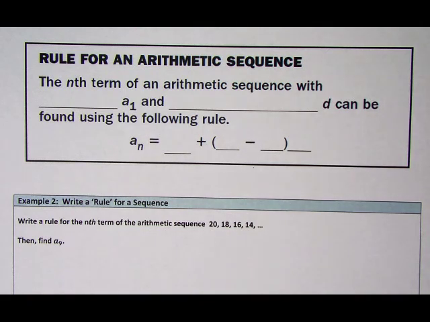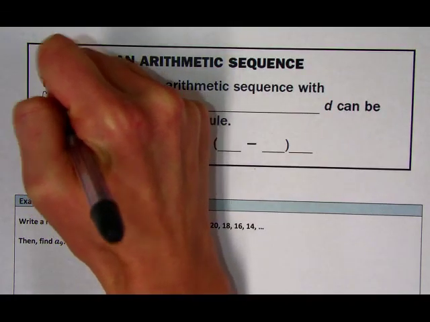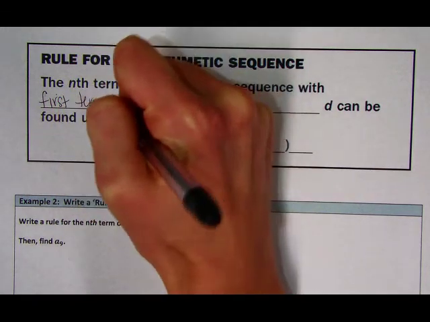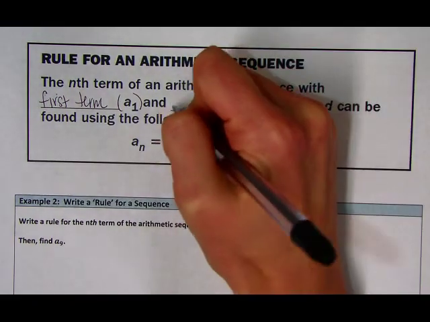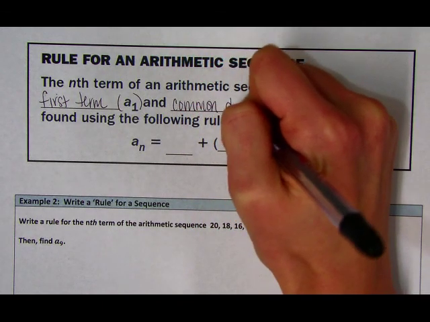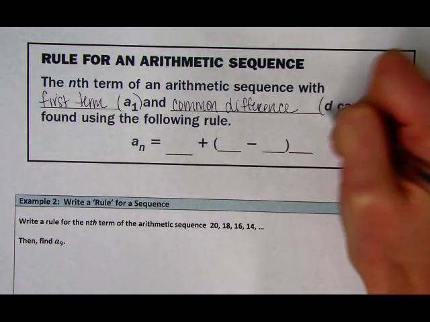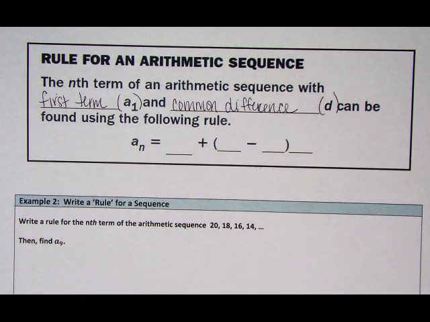So I'm going to share with you what the formula for that rule is, and then we're going to put that to use in a couple of examples. So a rule for an arithmetic sequence is: the nth term of an arithmetic sequence with your first term being known as your a sub 1 and your common difference, and we talked about this before in example 1, your common difference is basically the pattern of your sequence, we're going to notate that as d, can be found using the following rule.